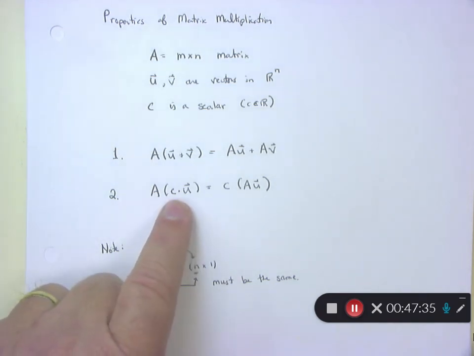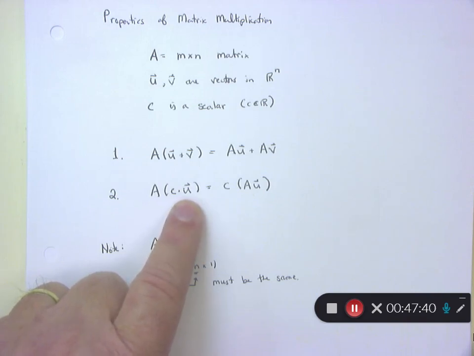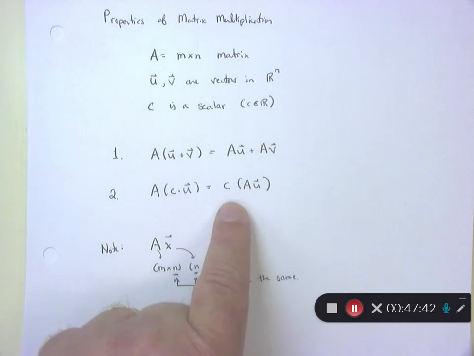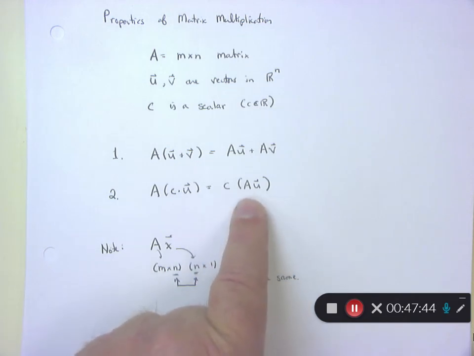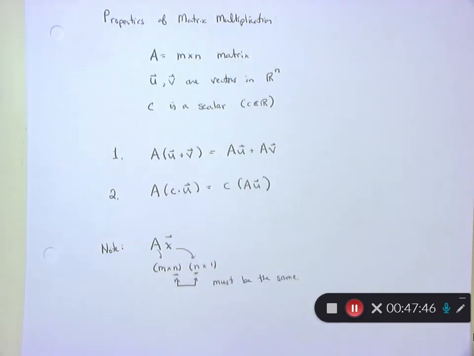Matrix A times scalar c, a constant, times vector u is the same thing as scalar c times matrix A times vector u. If I describe this in English, what's going on? c is a constant, a scalar. When I multiply a matrix times a constant times a vector, I can take that constant out front, just multiply the matrix times the vector, and then multiply by the constant.